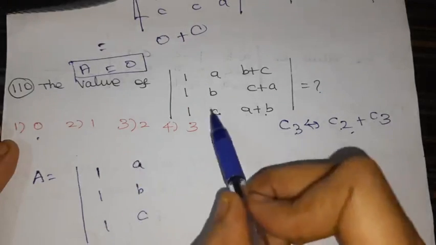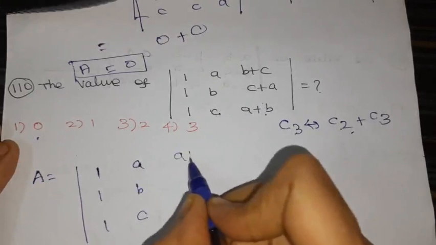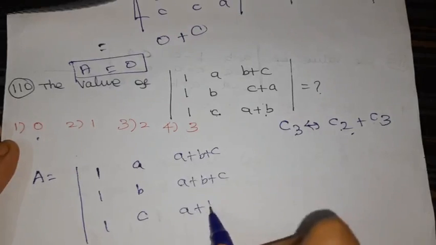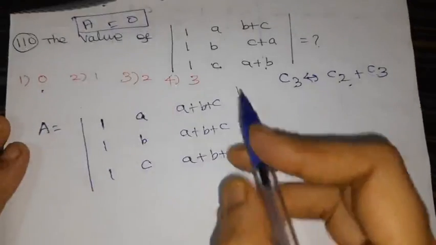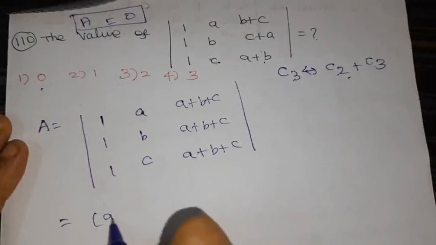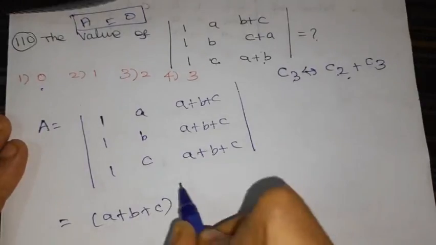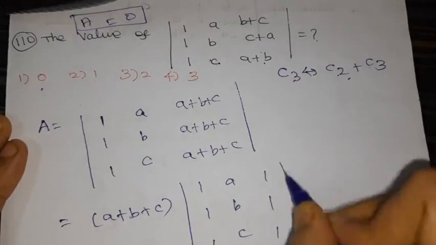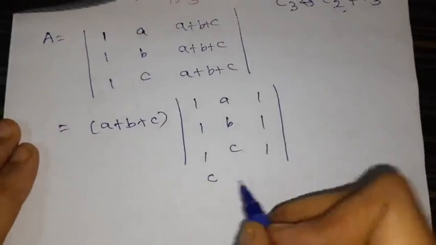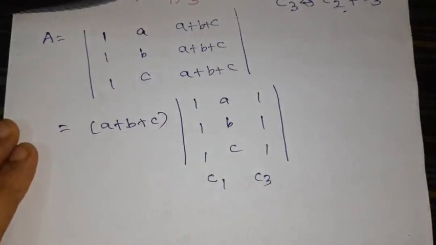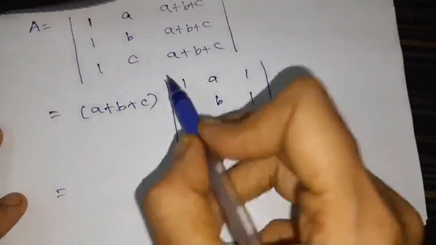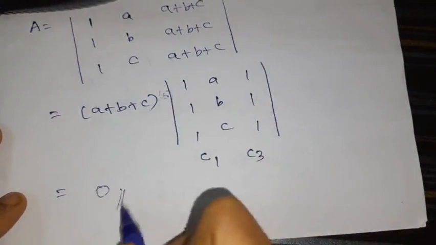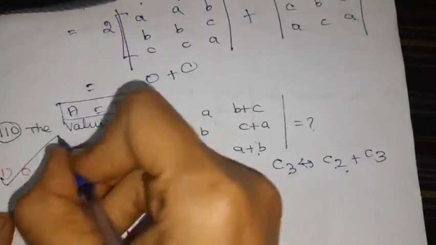Then C3 becomes C2 plus C3, giving a plus b plus c in every row. From this, take a plus b plus c common from the C3 column. Outside, we get the determinant with 1, 1, 1 in column 3. See, column C1 and column C3 are identical, so the determinant value is obviously 0. When we multiply with 0, we get 0 only. So the value of the given determinant is 0.